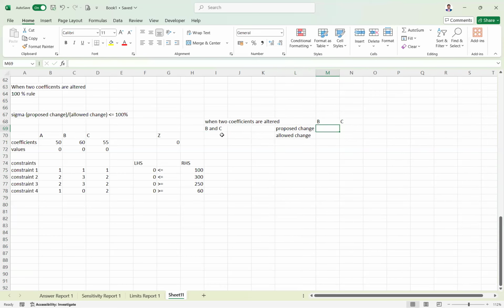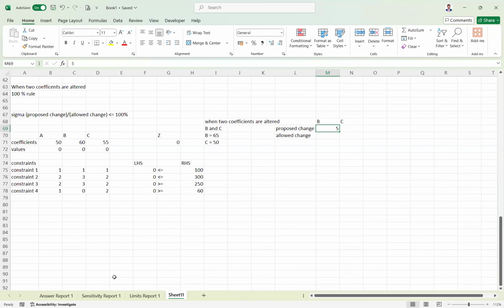Right now the B is 60. Suppose my new B, I am increasing it by 5 units, to 65. Suppose my new C, I am decreasing it by 5 units, to 50. So what is the proposed change? Plus 5.